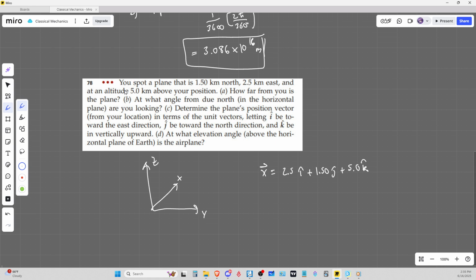So you spot a plane, so we wrote it in this way. Let's just put a small p there for the position of the plane. How far is the plane? How far from you is the plane?